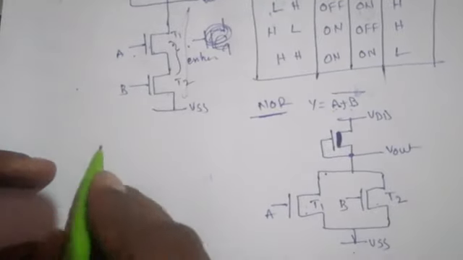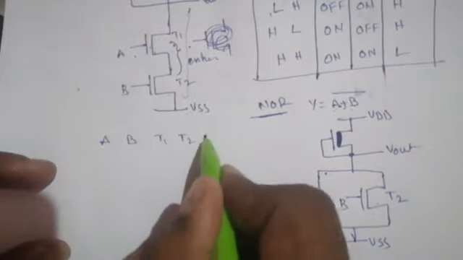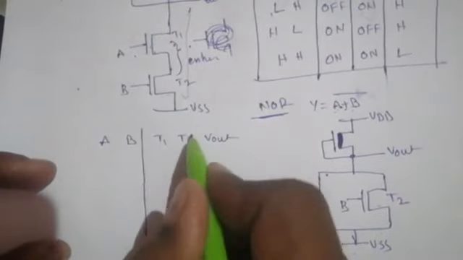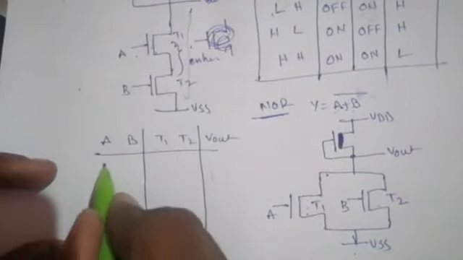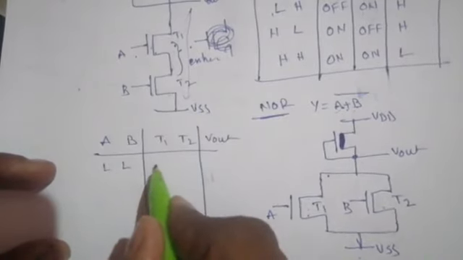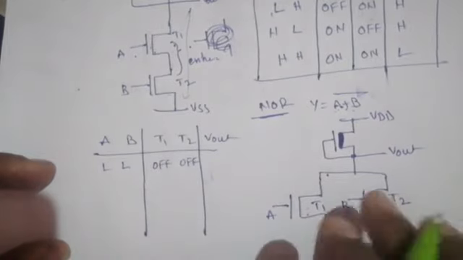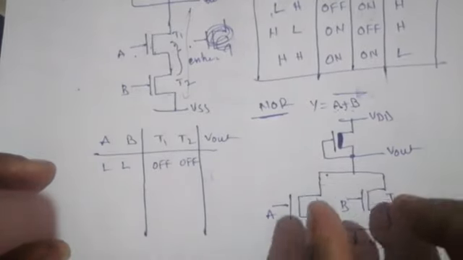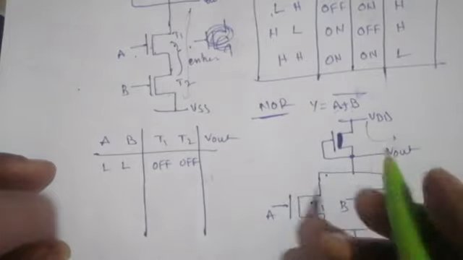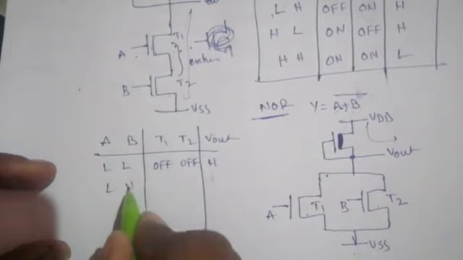Here also you can assume A, B, T1, T2, and the output voltage. Consider A voltage is low and B voltage is low. When both are low, both transistors are off, so the output voltage will be passed to VDD, high voltage.